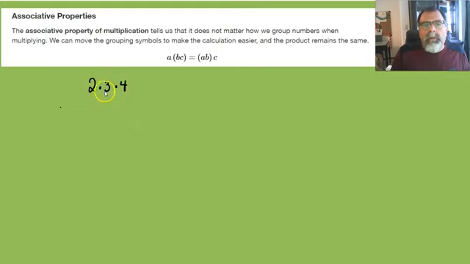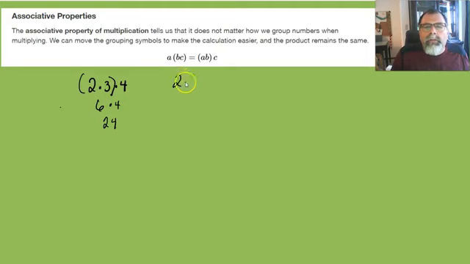So the associative property says if it's all multiplying, for the associative property of multiplication, it doesn't matter how you group those 2 at a time. You could do the first 2: 2 times 3 is 6, and then 6 times 4 is 24. Or I could do it the other way around.